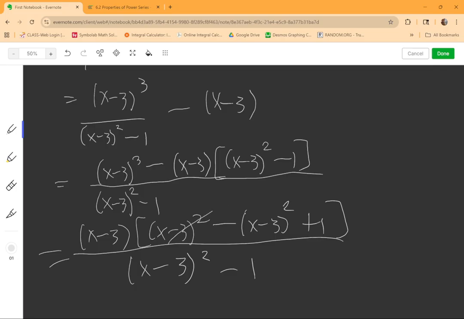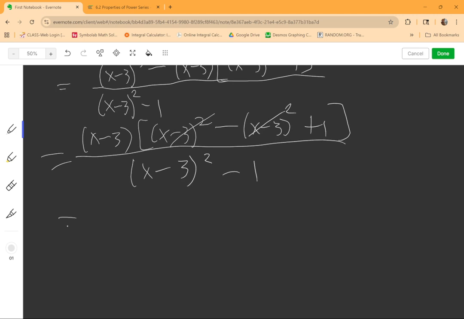And notice here that these terms go to 0. I'm left with 1. And then I'm left with the quantity x minus 3 over x minus 3 squared minus 1. So that is the function that my original series represented.